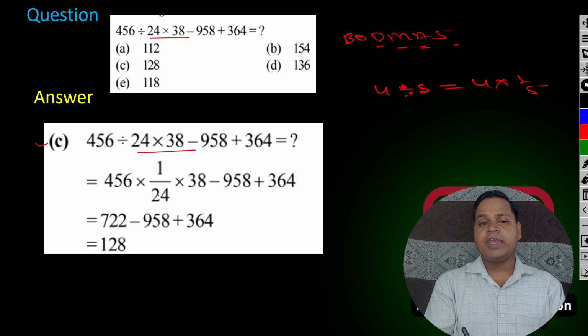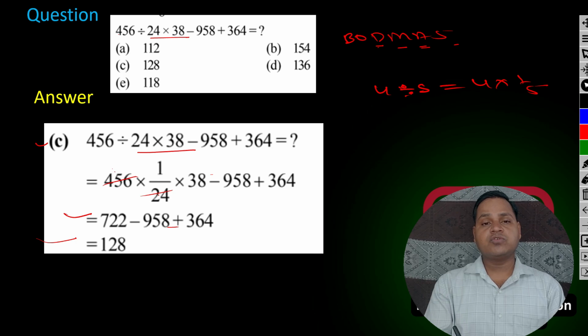So here we get 456 multiplied by 1 by 24 and multiplied by 38 minus 958. Now this part cancels out and multiplying this part we get 722, and here 722 minus 958 plus 364. Here the remaining two operations are only subtraction and addition. First we solve the addition and after that the subtraction, and we get the final answer 128.